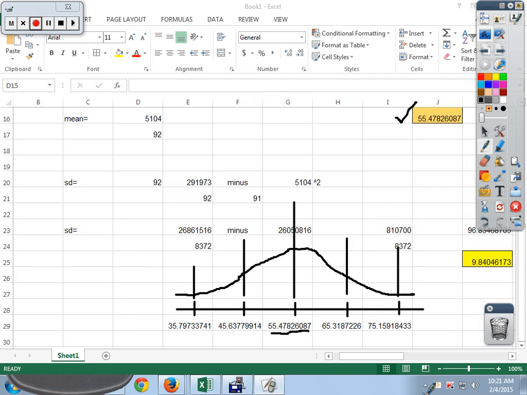I love it when students ask, what number are we going to add? I don't know, just pick one. We just spent 30 minutes trying to find the standard deviation, and you're going to ask, what number? So when you add 55.47 to 9.8, what do you get?